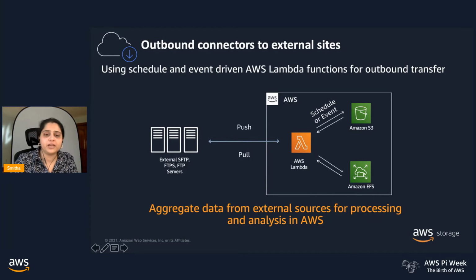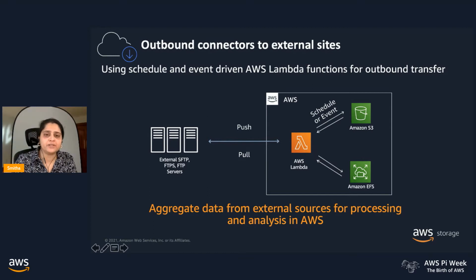But what if sometimes your third parties already have a server and they want you to come and pull or push data to them? This is where a framework comes in where you would spin up a Lambda and, in real time with all the connection information, push or pull the data and store that data in EFS or S3. You could run this connector on a schedule using CloudWatch, so that every day at 7 a.m. you can go pull data from a vendor who's giving you value-added data.